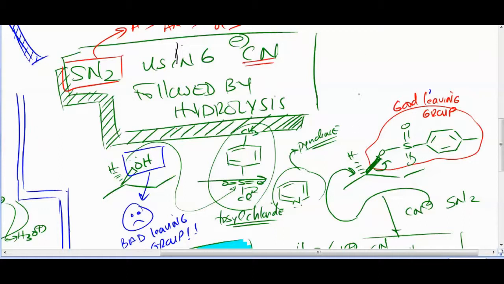In an exam scenario, most professors are okay if you just write this abbreviation, because it's a big, humongous group. So whenever you see this, it's a tosylate, or tosyl chloride, followed by pyridine. It's trying to turn this guy into a good leaving group, so we can then do another reaction on it.